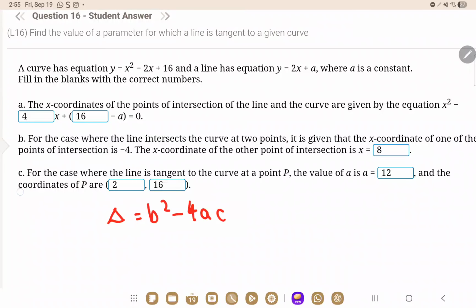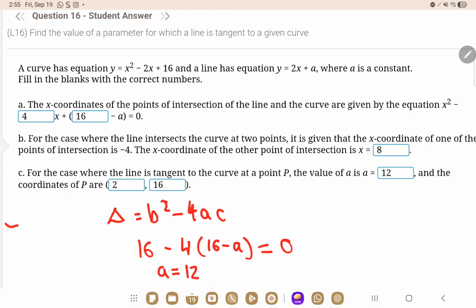So b squared is 16 minus 4 times 16 minus a equals 0. Why 0? Because when you're solving with the quadratic formula, if you get a positive number, it means two real roots. If you get 0, it's one real root, and if you get a negative number, no real roots. So now you just solve this. You're going to get a equals 12 based on this equation.